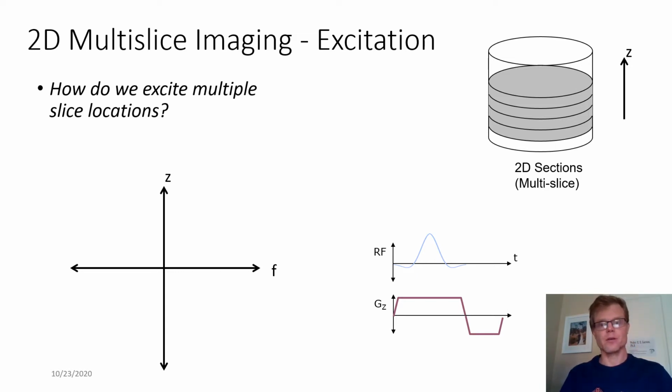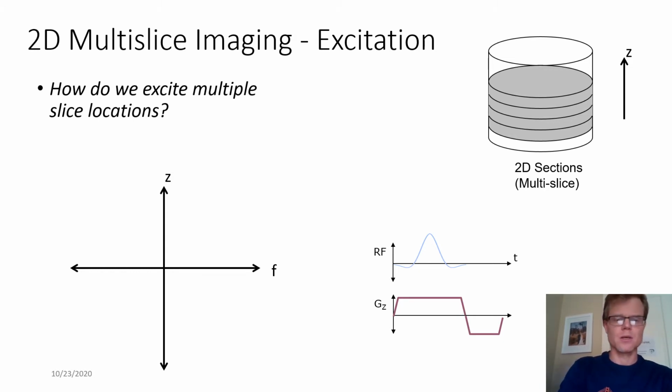So the first thing I want to look at is a little refresher from the Chapter 10 slice selection: how do we use our RF pulse to excite these multiple locations?